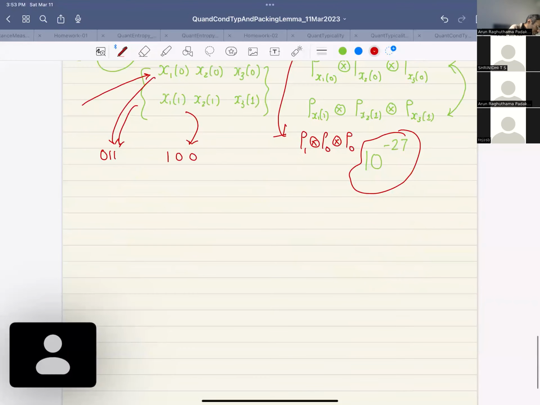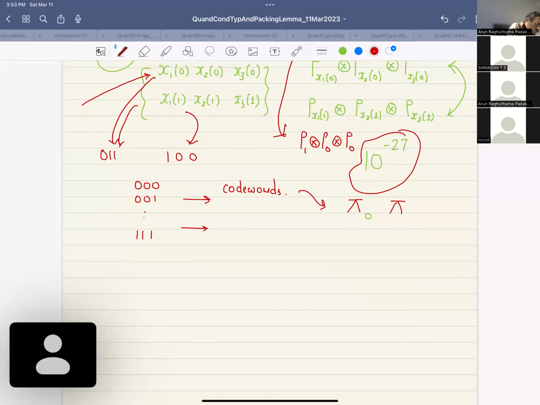So out of these 8 possibilities, they have to pull out two sequences, what we will henceforth call code words. They have to pull out 2 code words, and for the 2 code words, they have to design measurements. So the measurement will be pi 0 and pi 1.